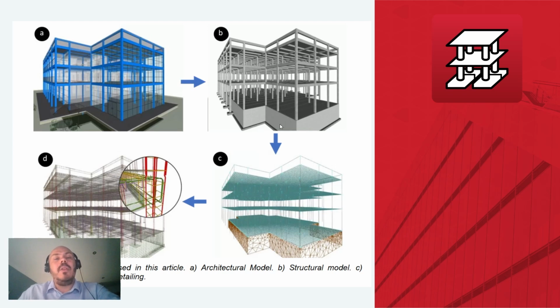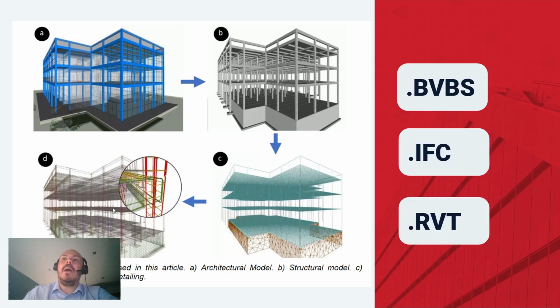Then you have an analytical model, and this analytical model can be used to generate a very detailed rebar model. This rebar model can also be exported to different formats, and some of them, like BVBS, are formats that allow more automation in the fabrication process of these rebars.